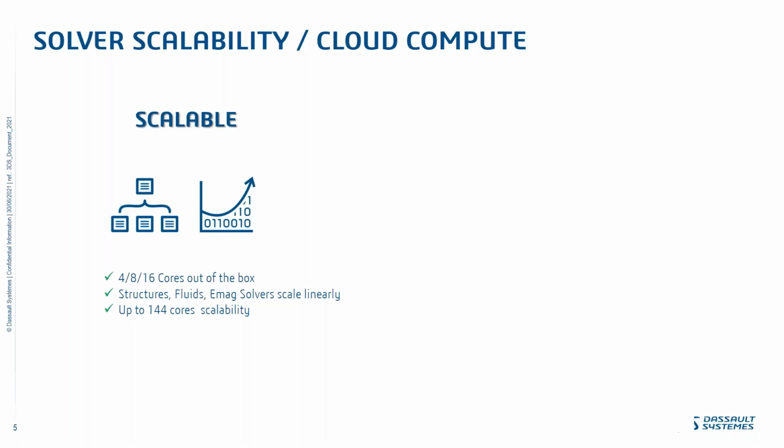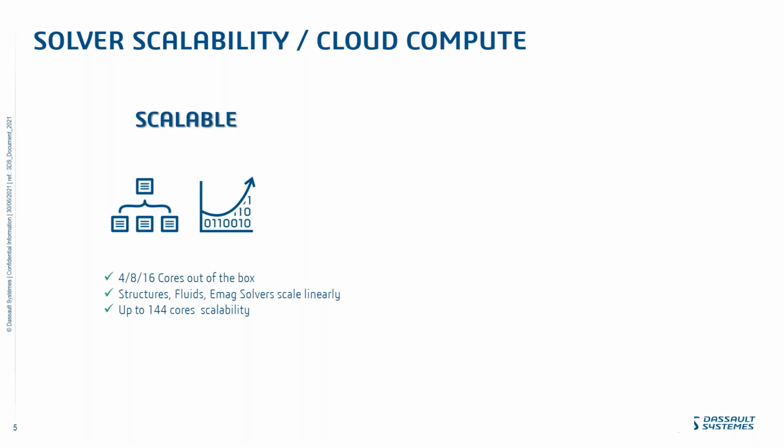The structures package that Arun talked about allows you to use 8 cores out of the box. For any additional cores, you can go up to 144 cores, I believe, on the local machine as well as on the cloud.